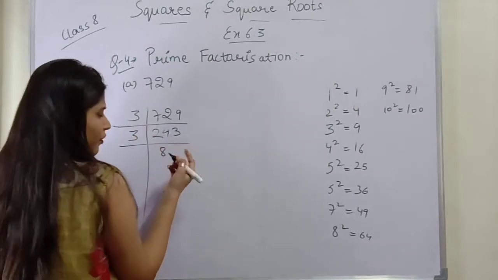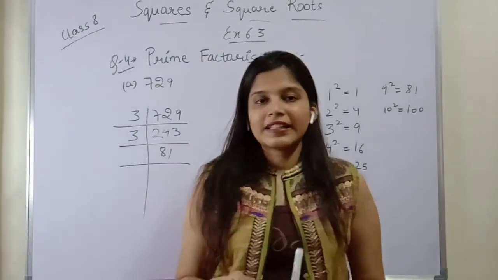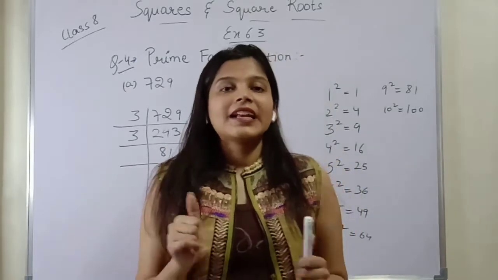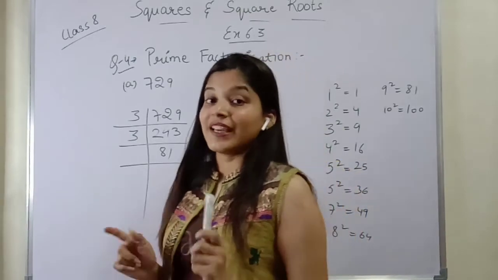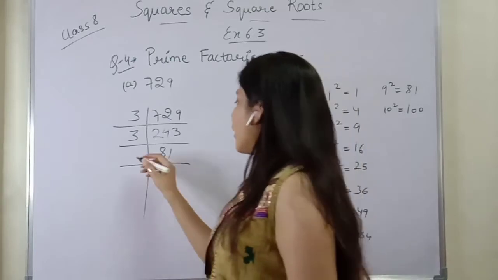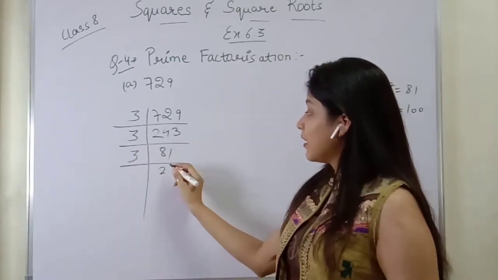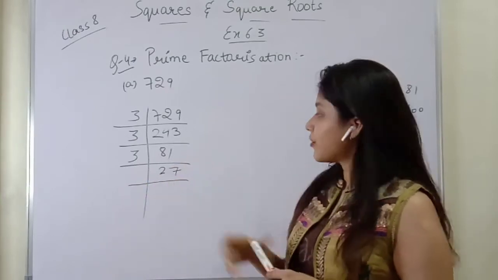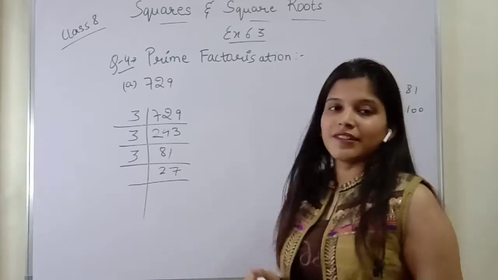3 8s are 24 and 3 1s are 3. Now again we will check by adding the digits of this number because this is an odd number. 8 plus 1 is 9 and 9 is a multiple of 3. It means that yes, 81 is also a multiple of 3. 3 2s are 6 and 3 7s are 21. 8 minus 6 is 2, 21, and 3 7s are 21.